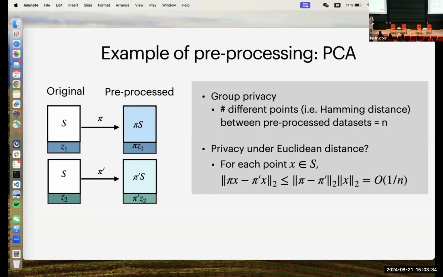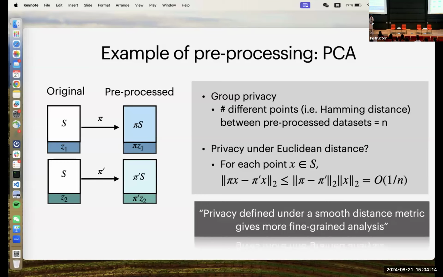But we also observe that PCA is a somewhat stable preprocessing method. If you change just one point in the original dataset, the projection matrix won't change a lot in terms of Frobenius distance. That means in the two preprocessed datasets, the Euclidean distance between each pair of points is upper bounded by a factor of 1/n, under some assumptions on your dataset: that it is low rank and you are doing the correct PCA.